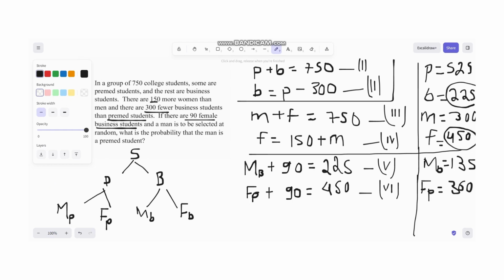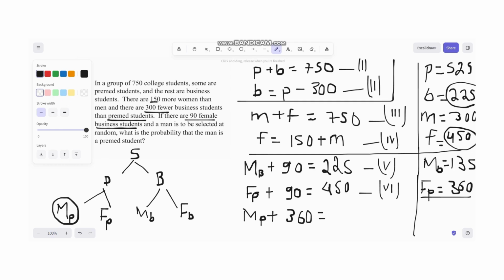And lastly, we have arrived at number of male prim students. Now as we know, number of male prim students plus number of female prim students, that equals total number of prim students. Let's solve it. Number of male prim, and fortunately we have value of female prim, that is 360.